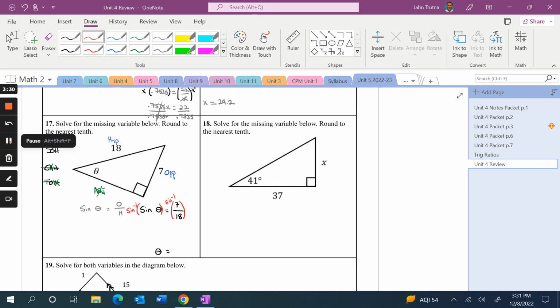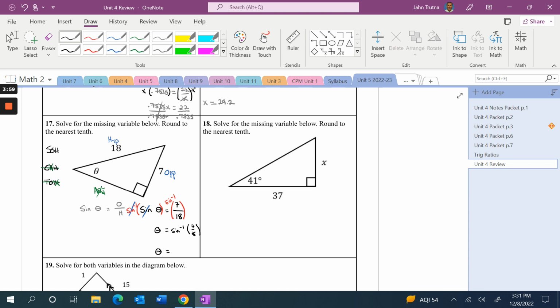Here's why we multiply sine with the sine -1. When you multiply the sine -1 with the sine, they cancel each other out, and that leaves me with theta. So I get the equation theta is equal to sine -1 of the fraction 7/18.